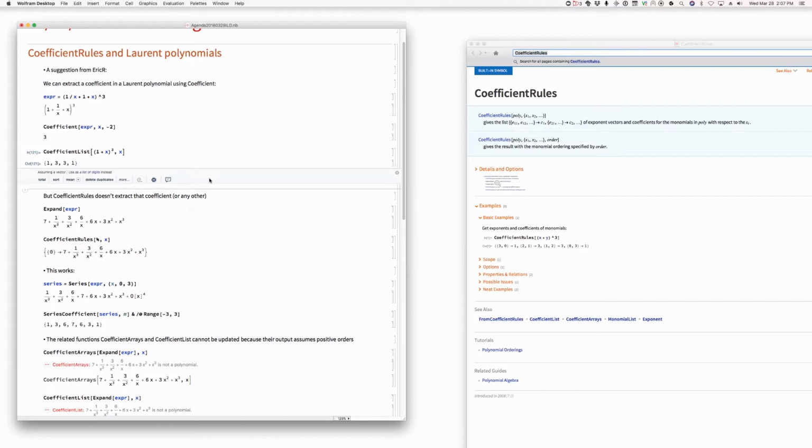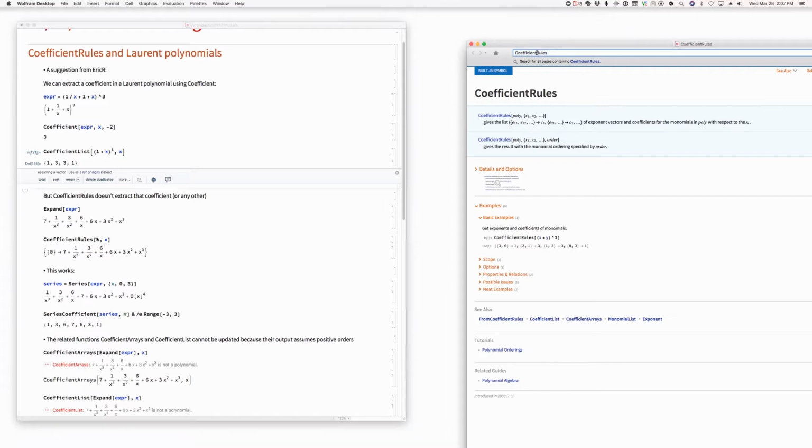This cannot be extended to the negatives because then the list is not properly positioned. So coefficient list and coefficient arrays, I think there is no hope of extending them. But coefficient rules, because it has on the left-hand side of the rules the power, then it could be extended.